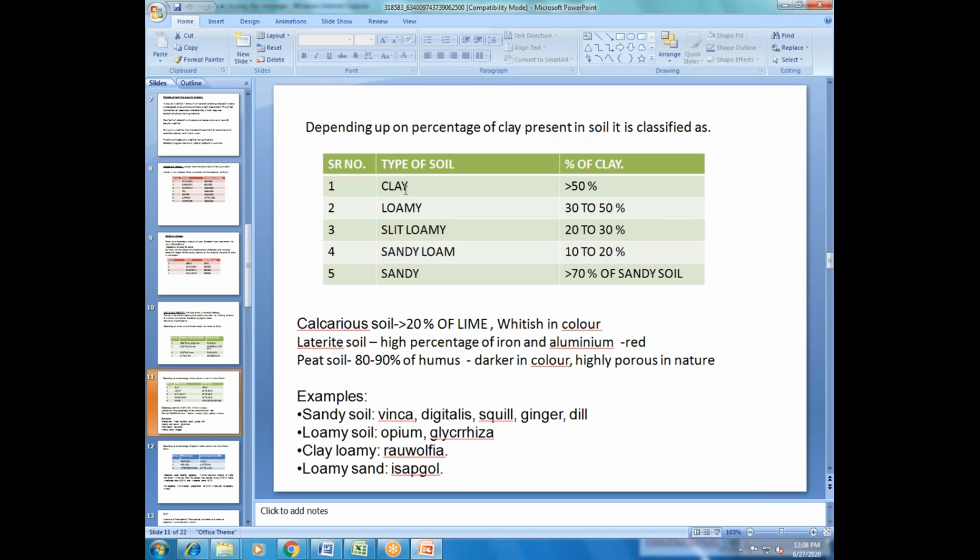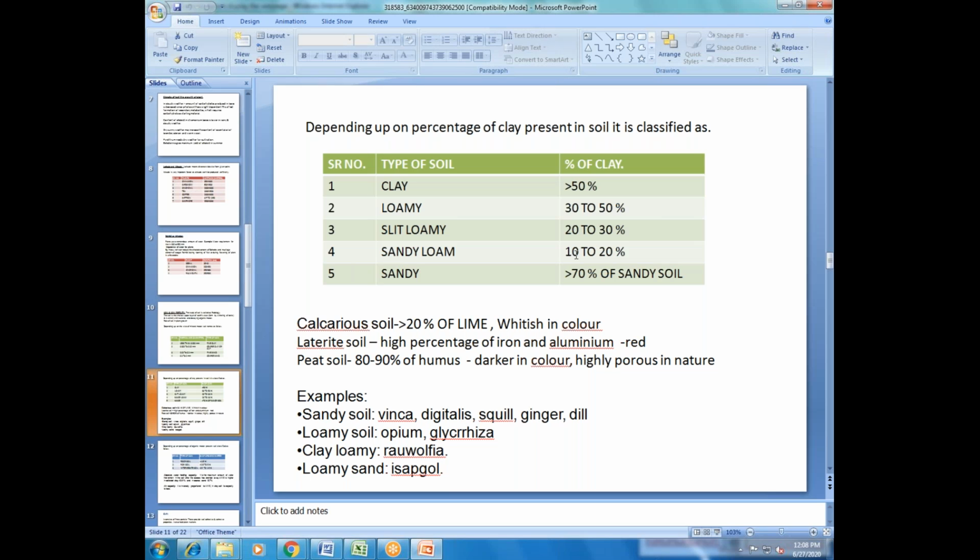If it contains more than 50% clay, it is called clay. Then loamy, 30 to 50%. Silt loamy, 20 to 30%. Sandy loamy has 10 to 20% clay. The rest might be sand or anything else. But clay contains more than 50% clay.